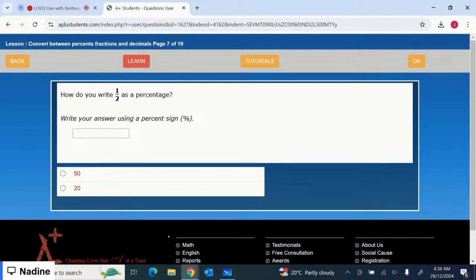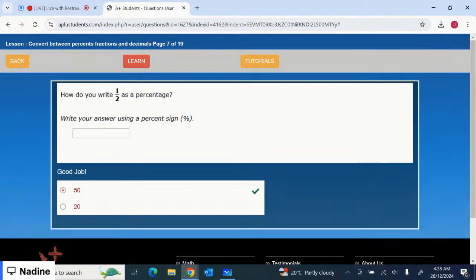That is 50%. Option number 1 is the correct option.